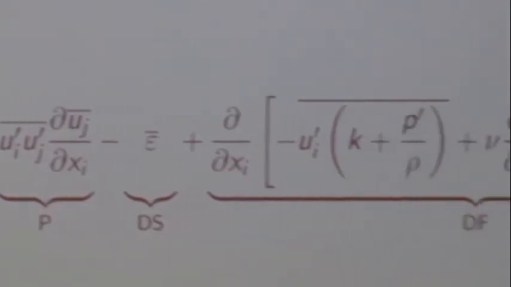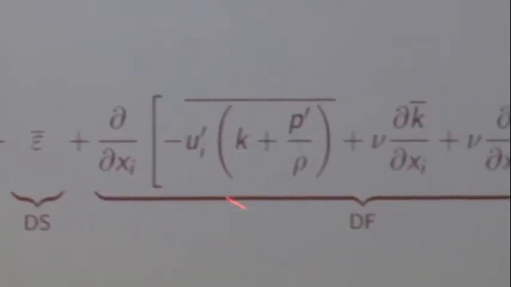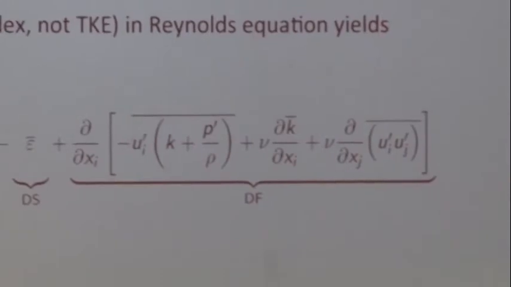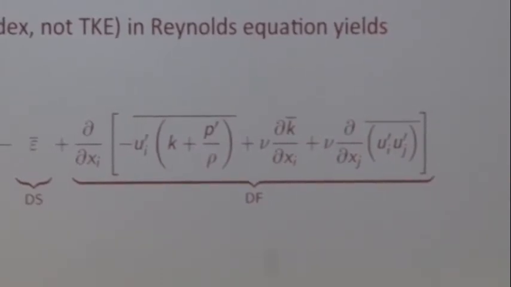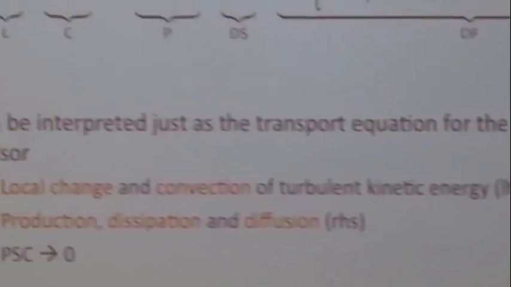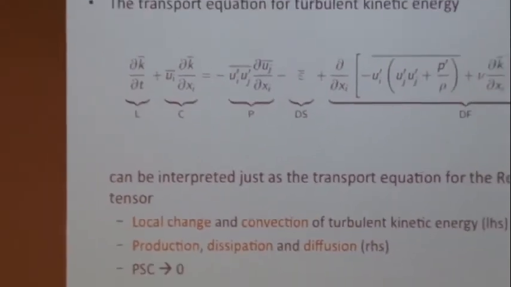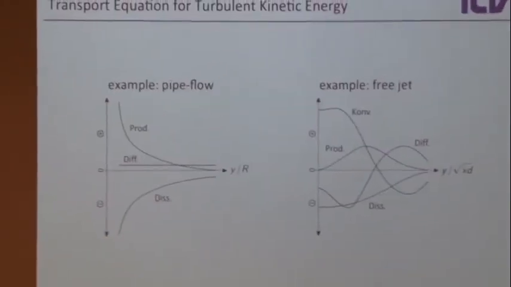And this you could say is the turbulent transport. This is how the turbulence also transports kinetic energy from here to there. Okay, so that's the kinetic energy equation and the meaning of these individual terms.